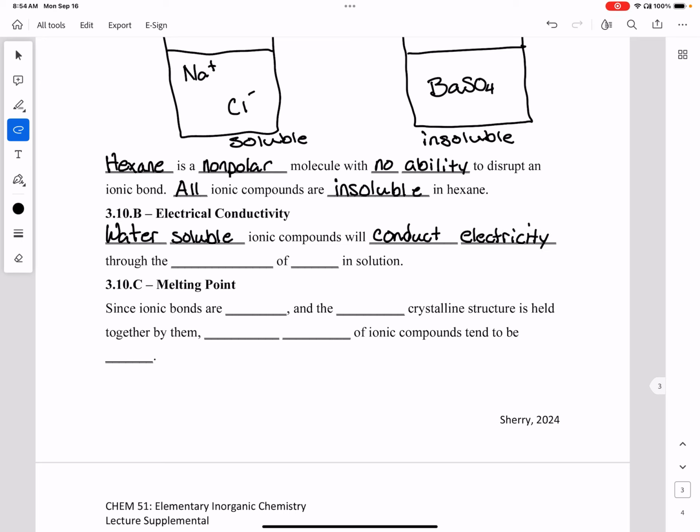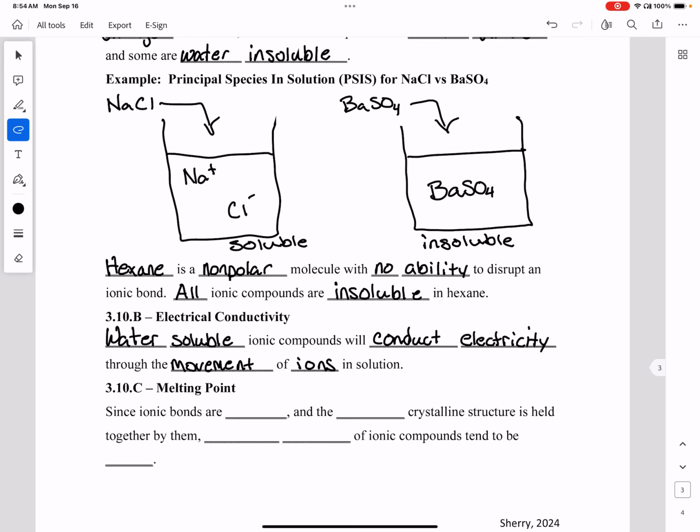And this is due to the movement of the ions in solution. With the sodium chloride, we have these charged particles floating around, and those are going to conduct electricity. Whereas with the barium sulfate, there are no charges because they are still stuck together. So it will not conduct electricity.